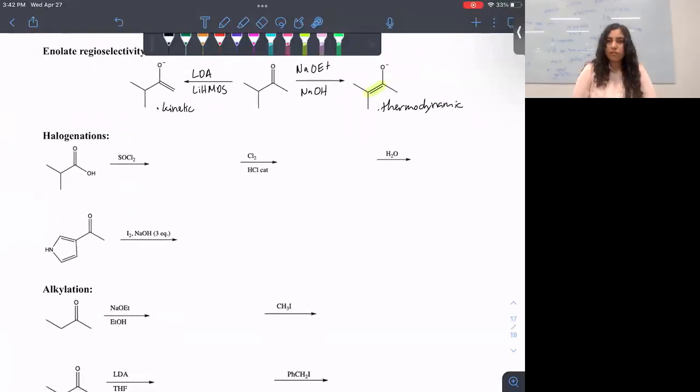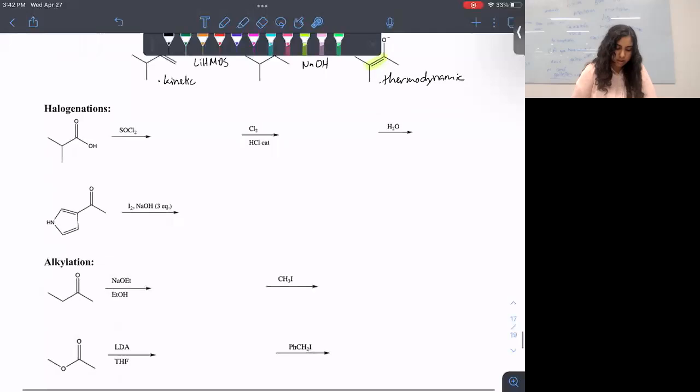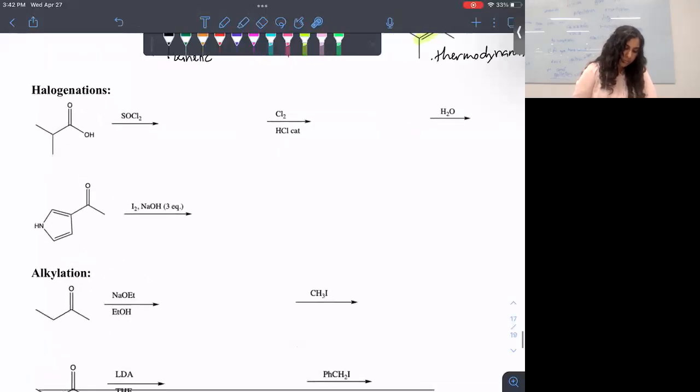All right, so now that we've formed our enolate, we can go ahead and attack electrophiles with it or substitute at the alpha carbon. So there's a few categories of reactions. The first one is halogenations.